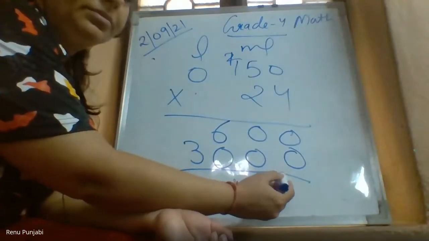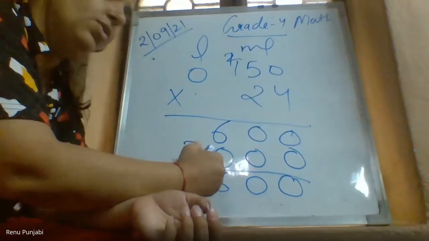And 4 ones are 4, plus 2 is 6. And down 1 0. 2 zeros are 0. 5 twos are 10, 1 up and 0 down. 2 ones are 2, 1 plus 3.